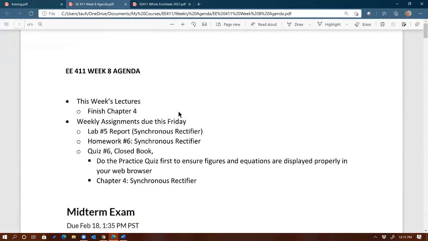Other schools may have something related to this, but they use more computer-aided design, more of a finite element type of approach. Here I'm presenting the design based on a practical approach.